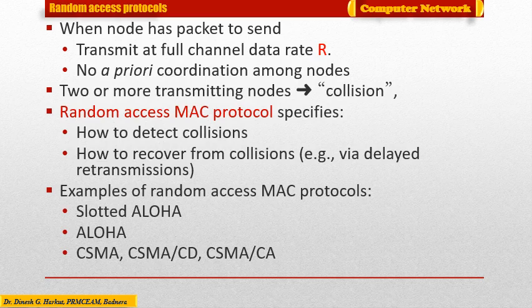As there is no synchronization among the nodes competing for a shared channel, there is a likelihood of collision of the data. And when there is a collision, each node involved in the collision repeatedly retransmits its frame or packet until its frame gets through without any collision.